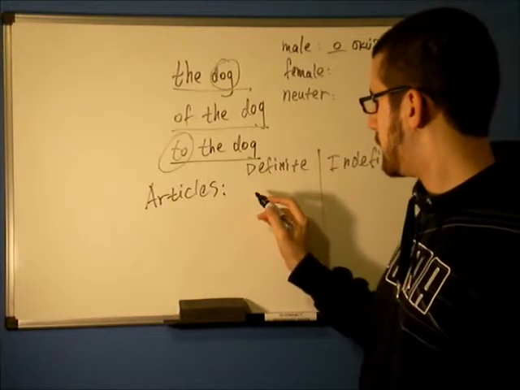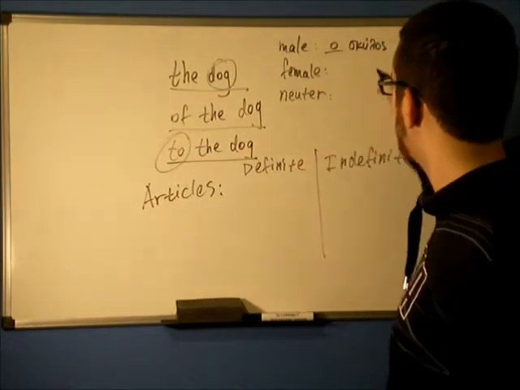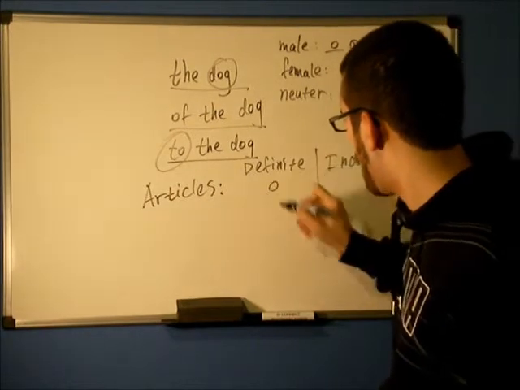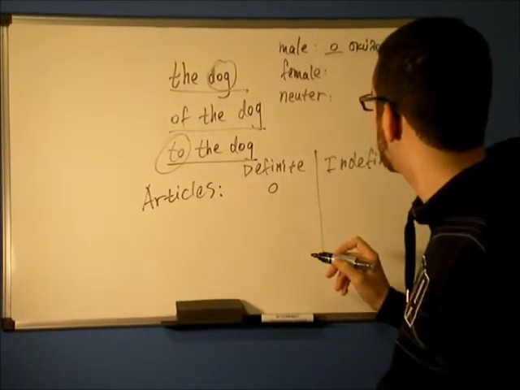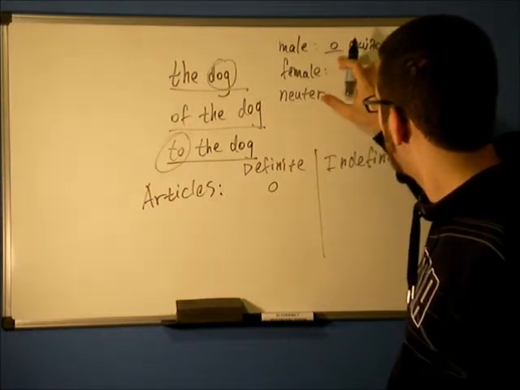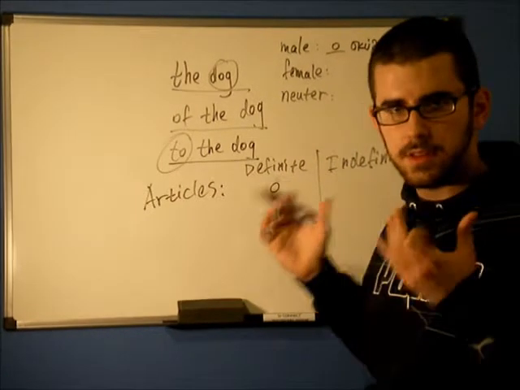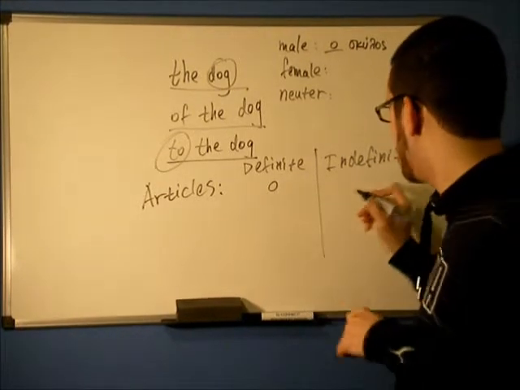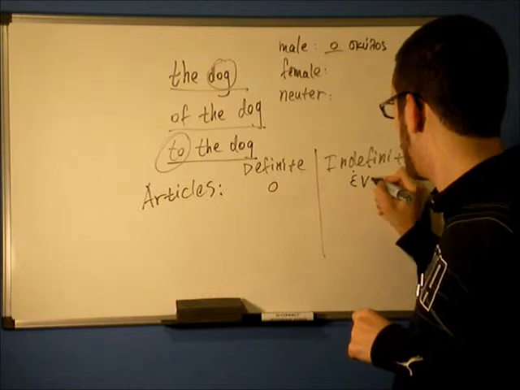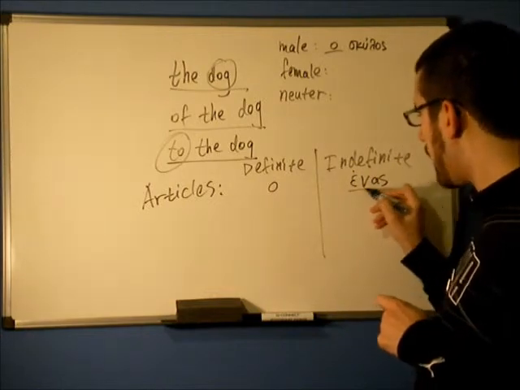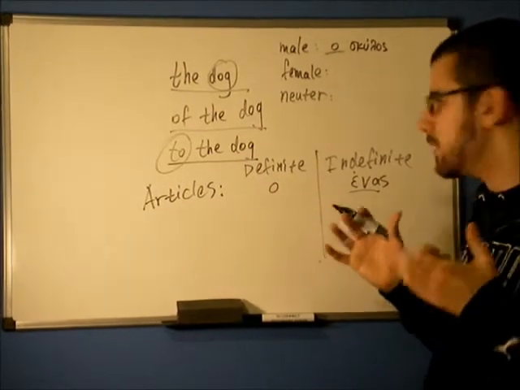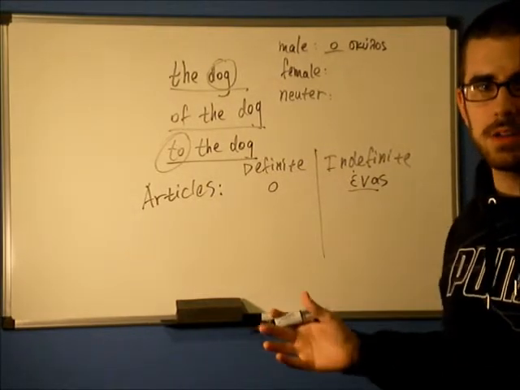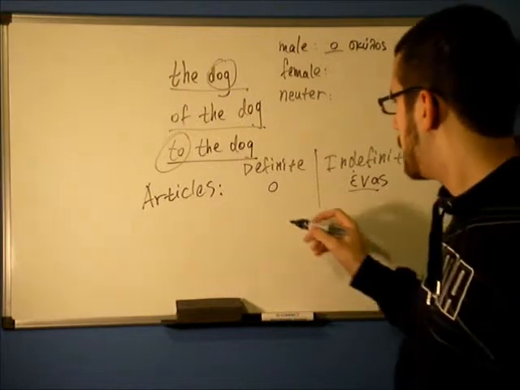If you have a male noun, for example the dog, this is o skilos. But if you want to say a dog, like one dog, then you say enos. This is practically one. You're just saying it's one dog. It's not the dog, it's one dog, one of the rest.